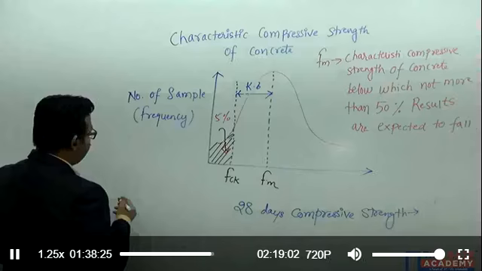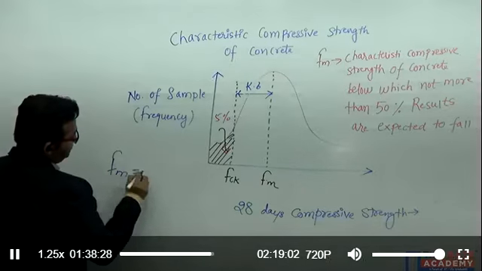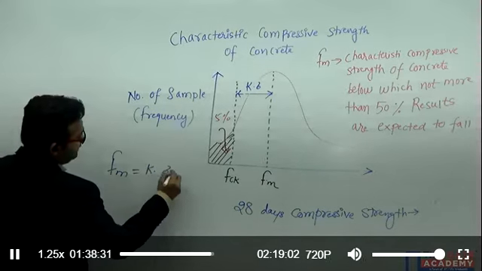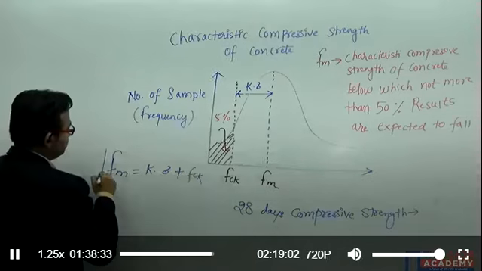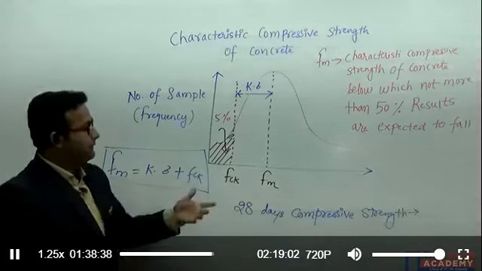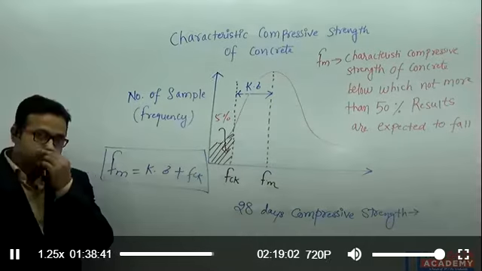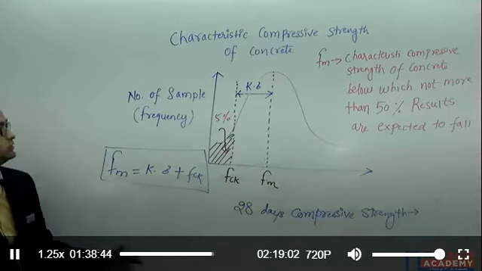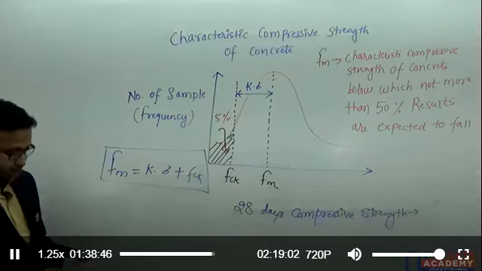So I can write here FM is equal to K into sigma plus FCK. Right? Please prepare this figure. So I think you people have prepared.